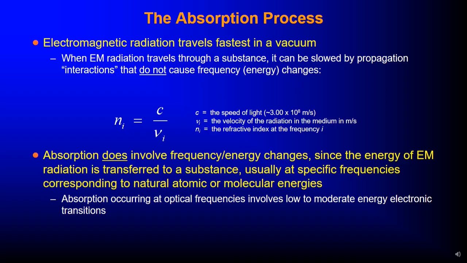There is no change in energy. But whenever we talk of absorption, this means that there is a change in energy, because a particular portion of the electromagnetic radiation has been removed and transferred to the molecule or element.